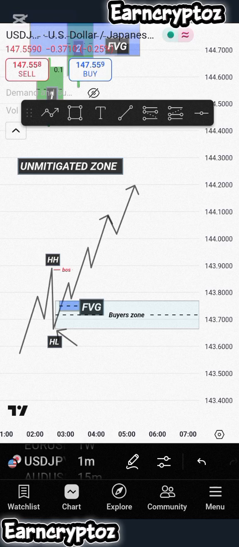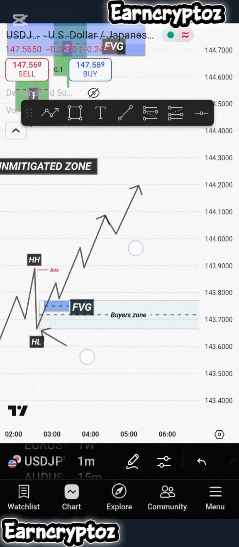So the position of the POI is usually where you have your higher low for uptrend or lower high for downtrend. Another position of the POI could be the first valid zone after inducement.